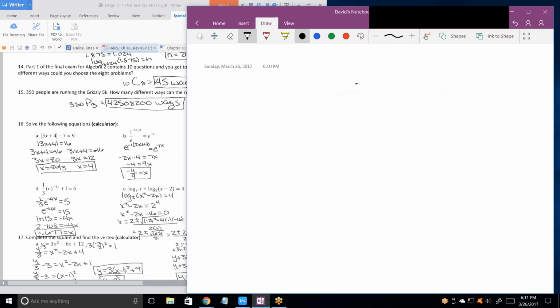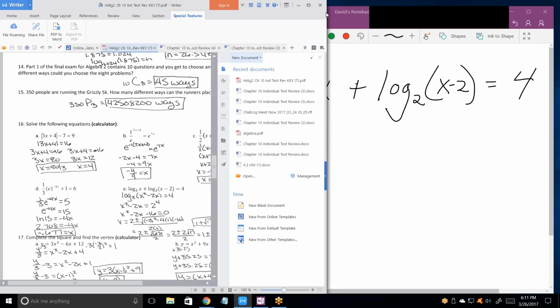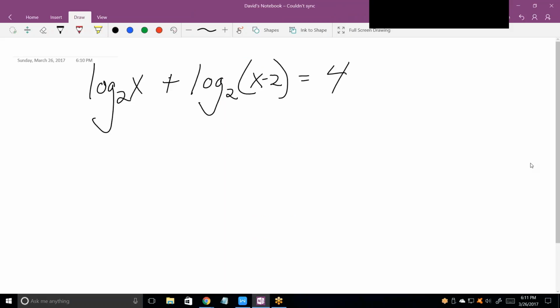I don't really want you to be looking at the key while we do it. These are key problems here. I'm not sure why they were blanked out, but nonetheless, we'll do them. Can't imagine that you don't have to know how to do this problem.